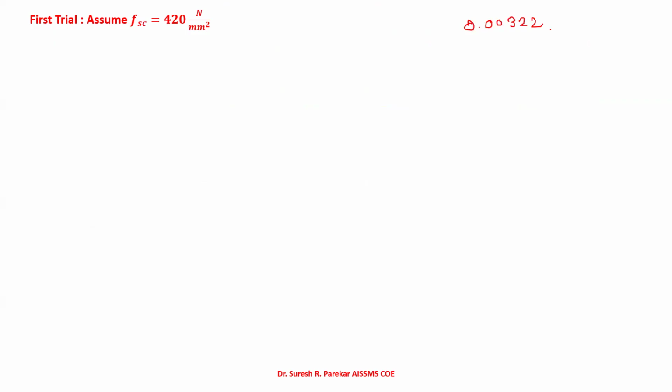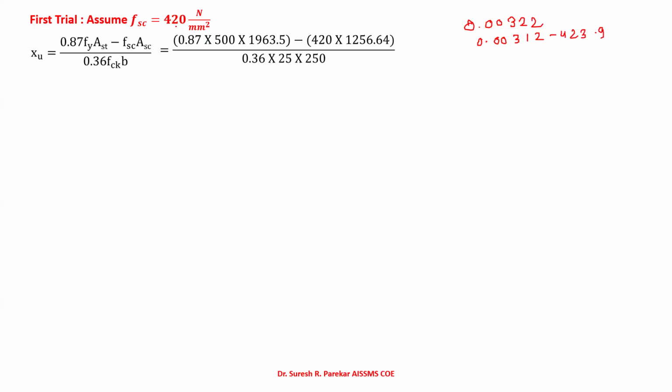We have to consider, and value given is 0.00312. So I have considered this 420. We have first trial and by considering this value we will calculate XU. We got XU 145 again, which is less than.